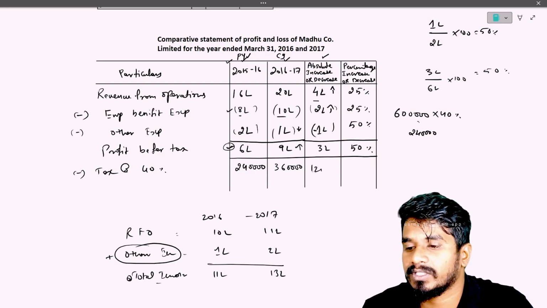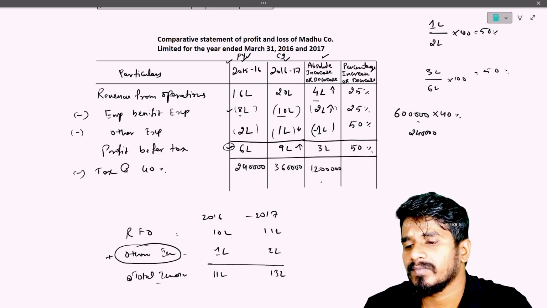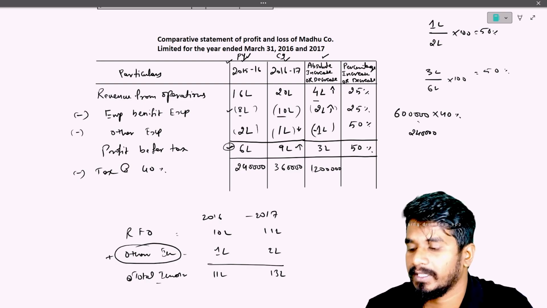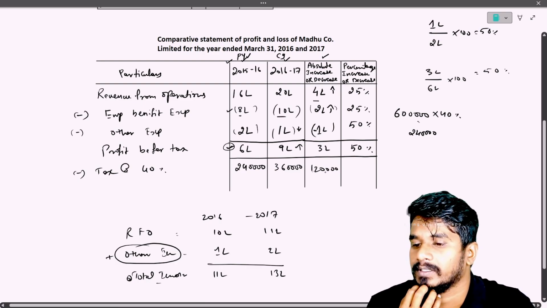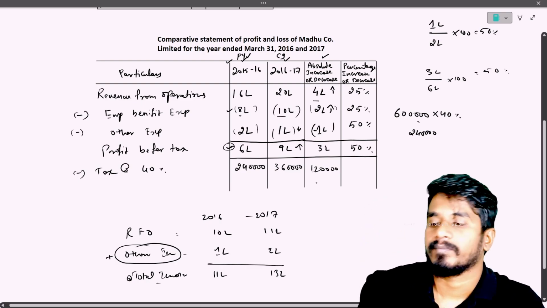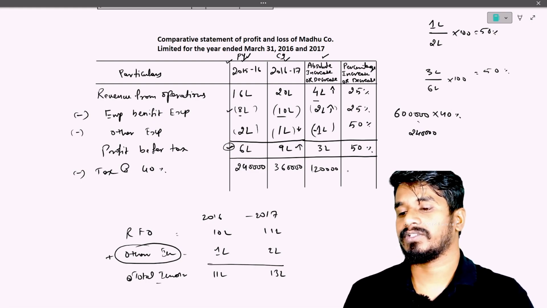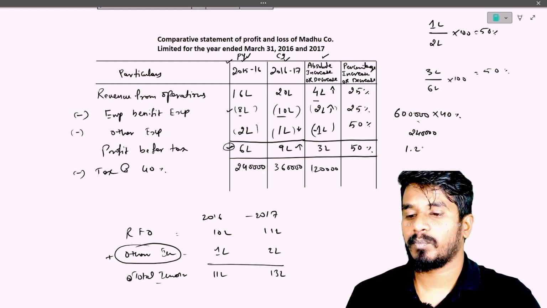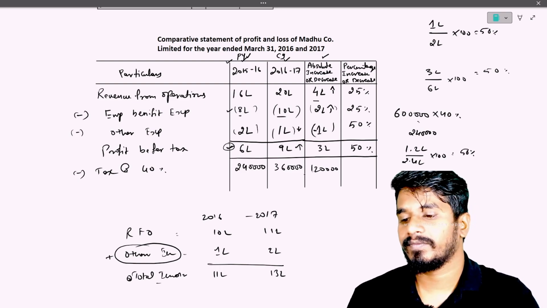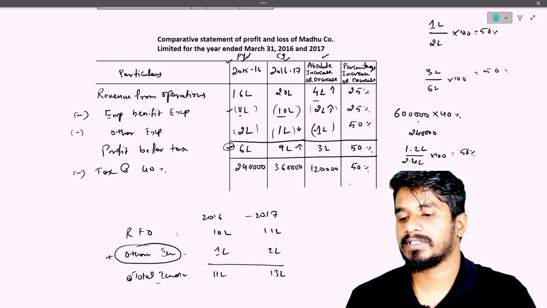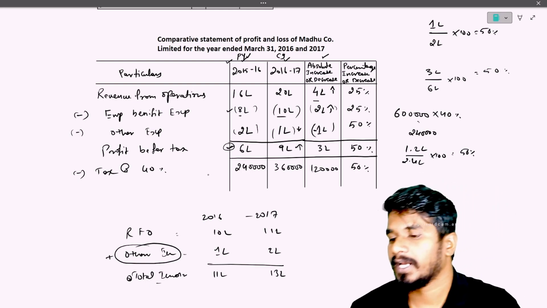Around 1 lakh 20,000 changed. Correct. Now, what is the percentage change here? 1.2 lakh divided by 2.4 lakh into 100. If you do this, we'll get 50 percentage. A 50% change is there.